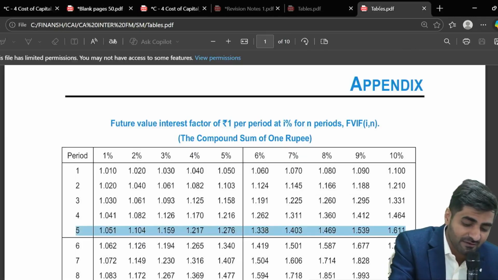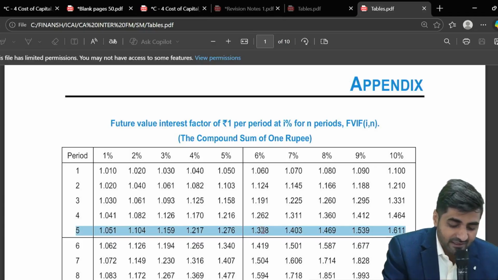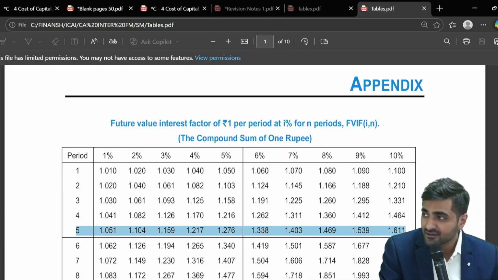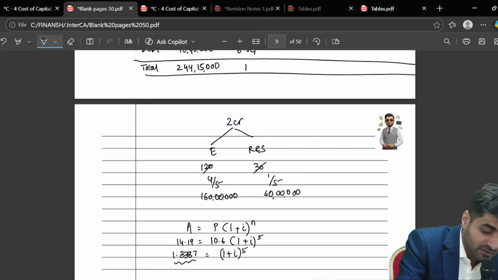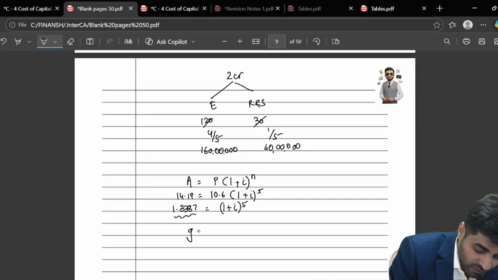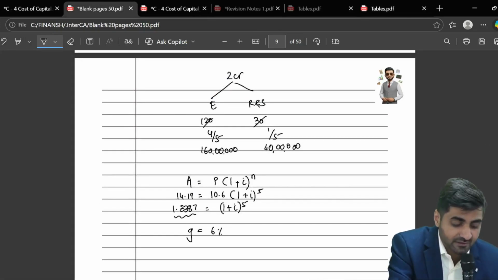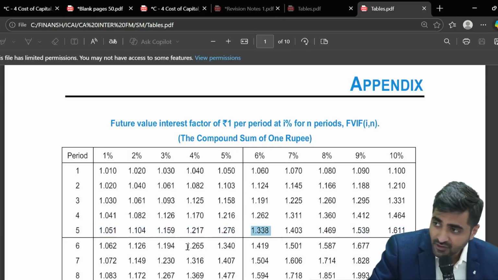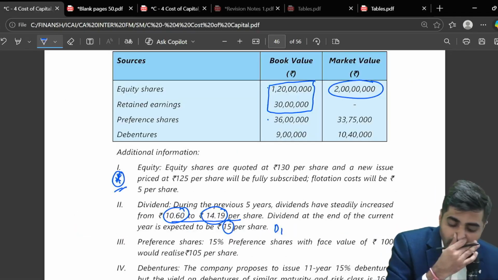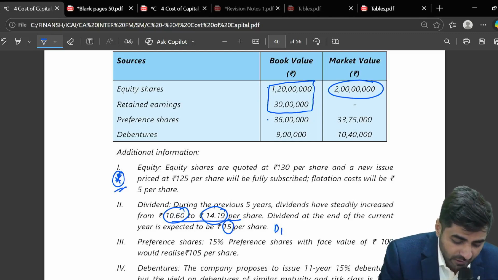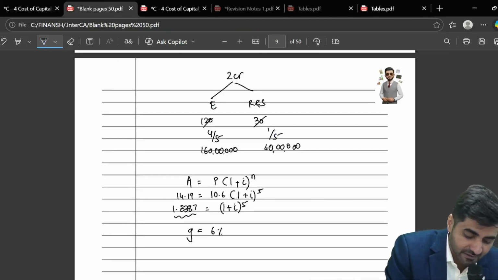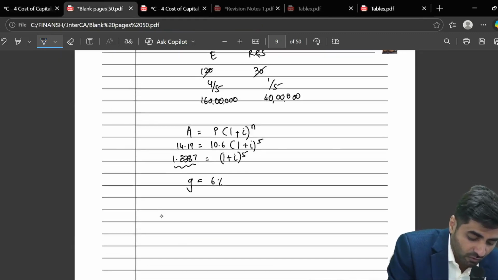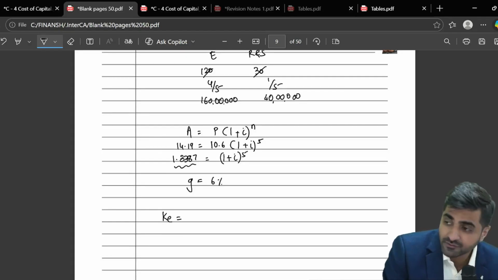Is it directly available? Just check. Yes, at the rate of 6%. It is directly available. So can I say that my growth rate is going to be 6%? I hope you guys are trying to understand. See, this is the exact amount, 1.338. So on this basis, we are now getting your growth rate, which is nothing but 6%.